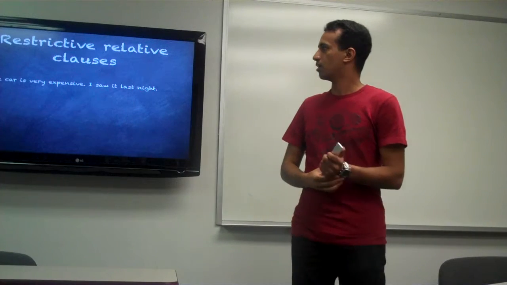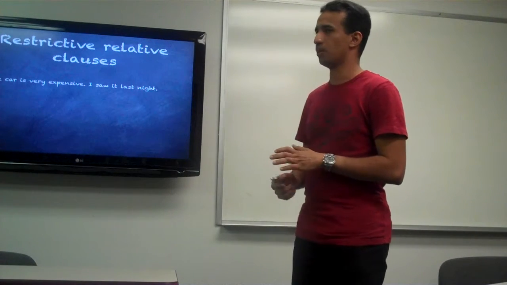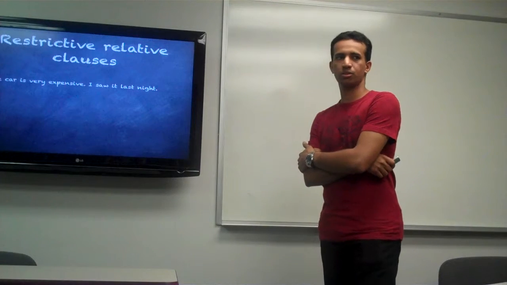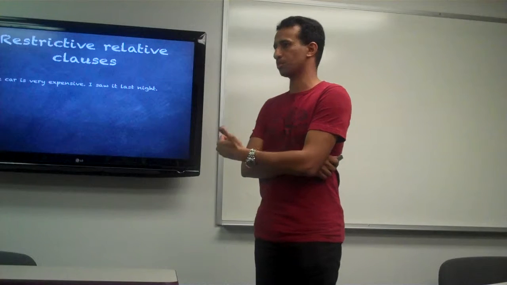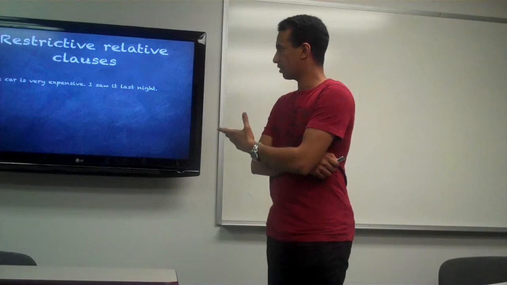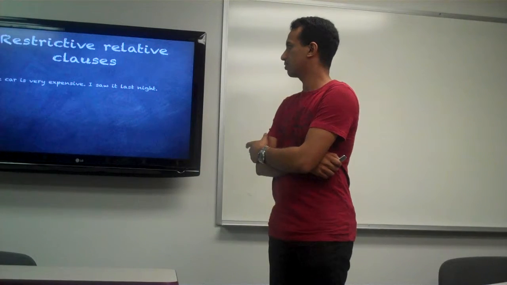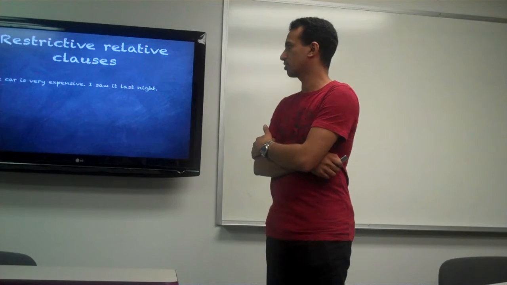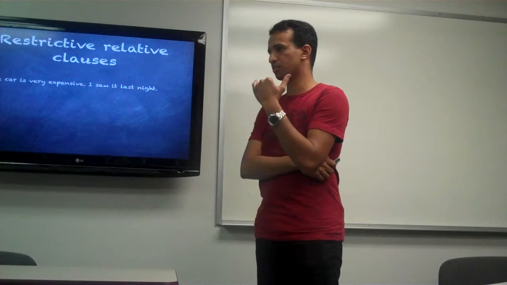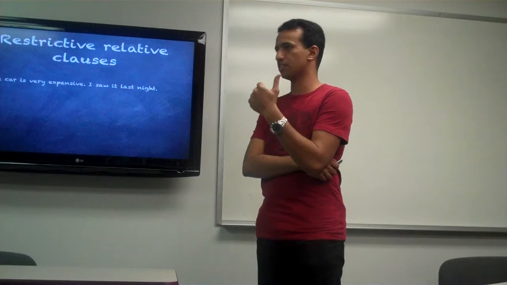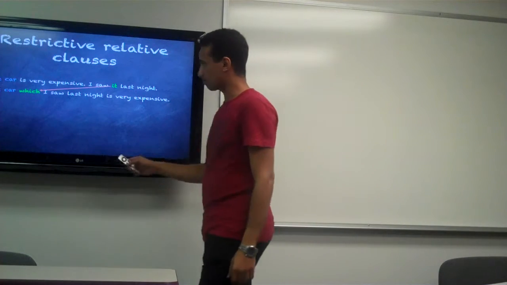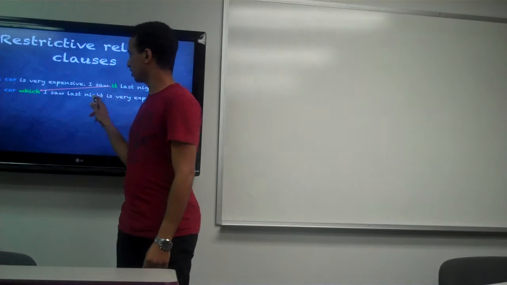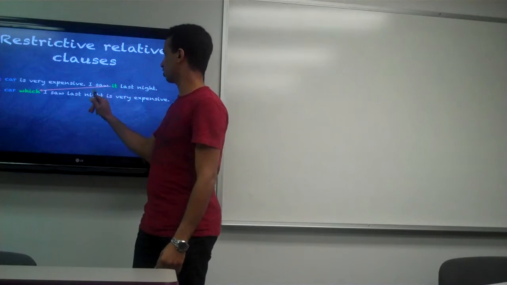So, relative clauses. We use restrictive relative clauses when the description is important. The car is very expensive. I saw it last night. So I talk about a specific car, which I saw last night.